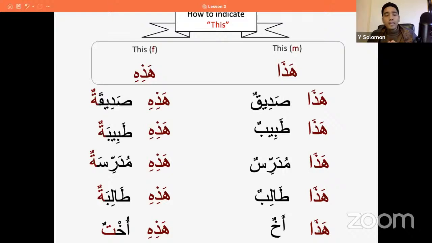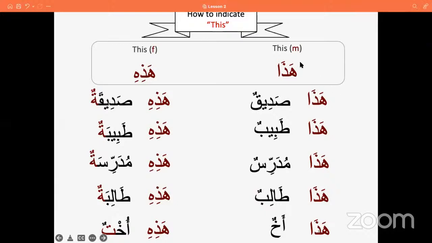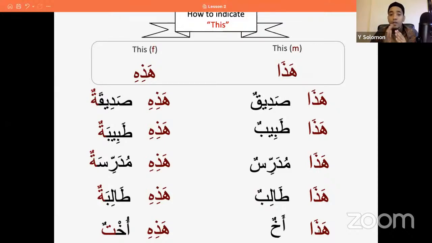Because in any language, remember that we learned the concept of "your". That is the ka or the ki at the end of a word. If we are speaking to a male, we say ka at the end: ismuka, sadiquka, sadiqatuka.